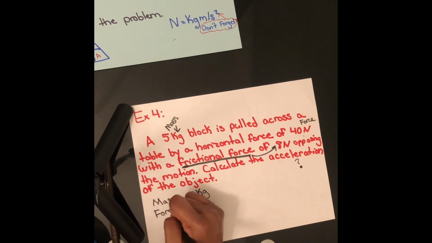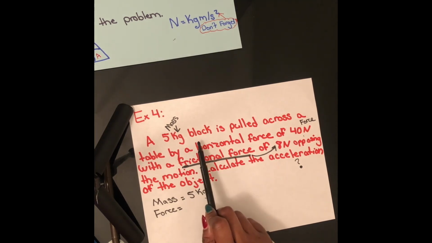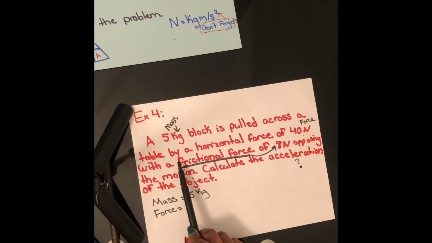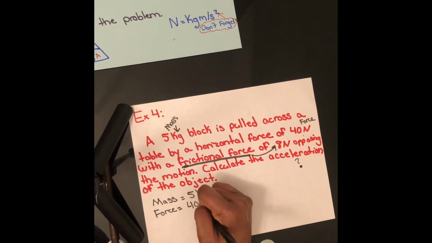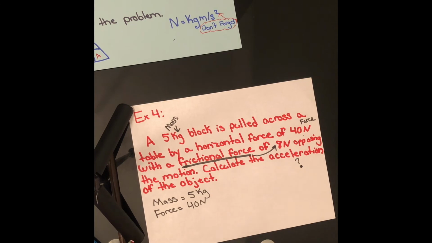But they gave us an opposing force as well. So it says right here, a 5 kilogram block is pulled across a table with a horizontal force of 40 newtons, right? So let's write that out. However, it is being pulled with a frictional force of 8 newtons.